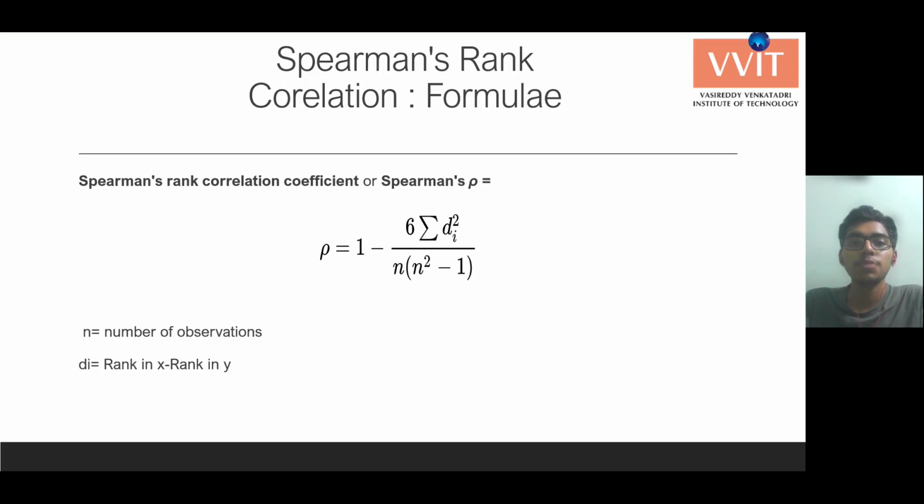To calculate the Spearman's rank correlation, there is a formula: rho equals 1 minus 6 sigma di square by n into n square minus 1. Here rho is the Spearman's rank correlation coefficient, di is the difference between the ranks, and n is the number of observations.